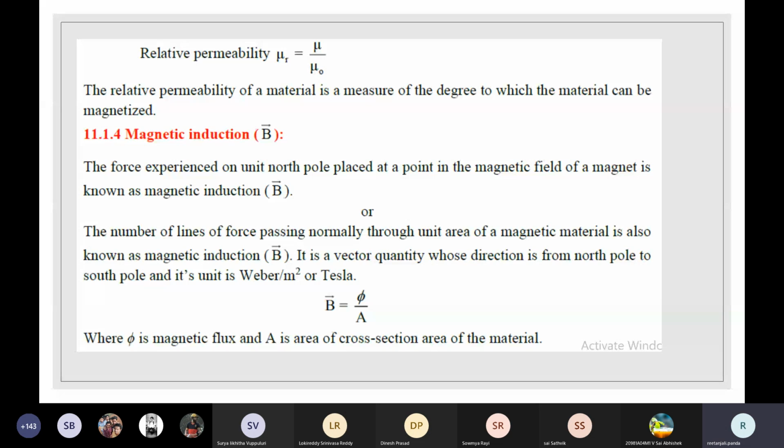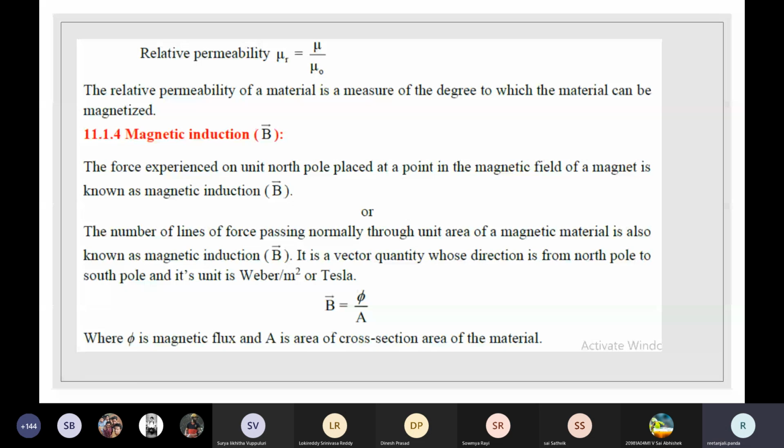Then magnetic intensity: it is the required amount of magnetic field to create magnetization. The magnetism which we want to create is represented by M, but to create that, how much magnetic intensity is necessary, that is your H. So this is the relationship between magnetic intensity and magnetization.